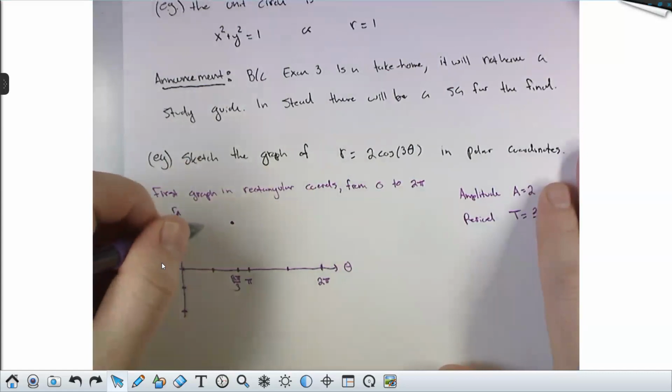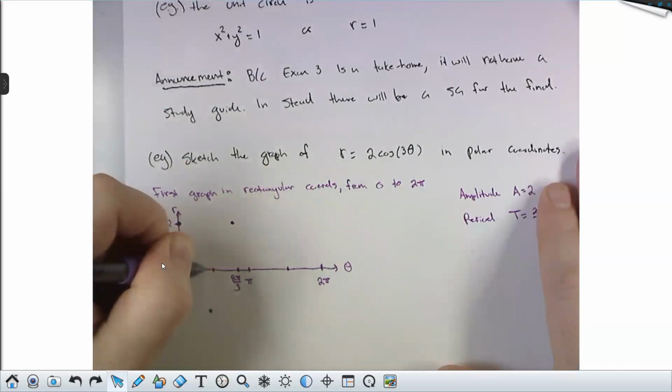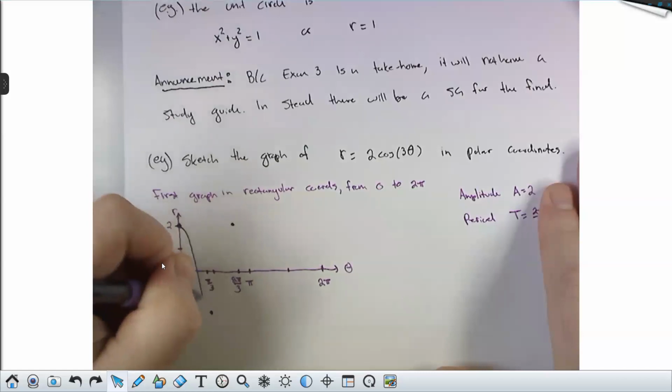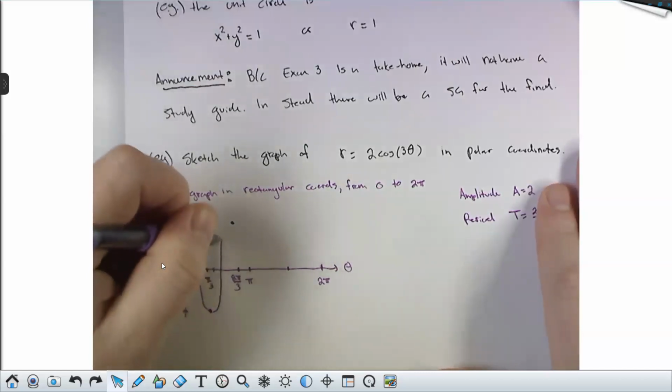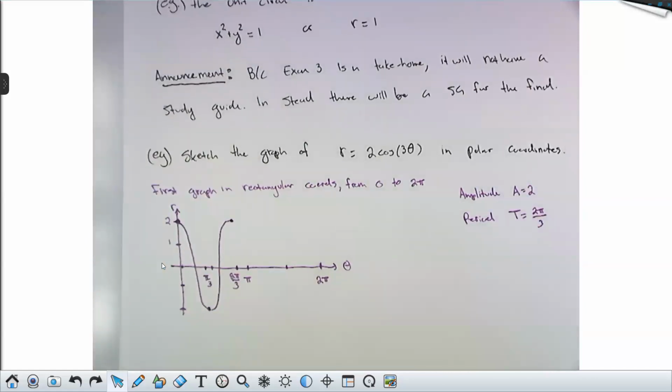And then halfway in between these is going to be pi over 3. So this wave is going to look like this. There's one full period. And if we want to go out through the next period, if you add 2 pi over 3 to 2 pi over 3, you get 4 pi over 3.